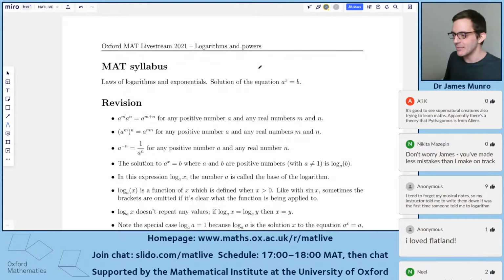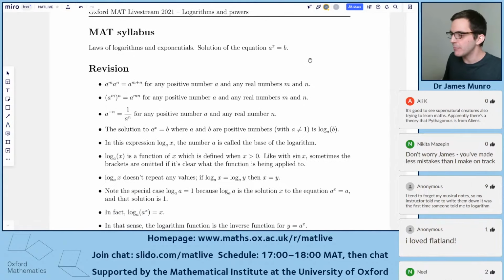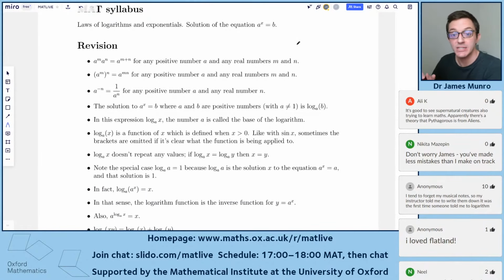Brilliant stuff. Right, okay. We've got some revision material. I saw a question from someone asking about the best way to use the worksheet material. The worksheets are all available in advance, so if you want to look at them, you can get them ahead of time. Have a look at some revision material that we've written to remind you about how logarithms work.